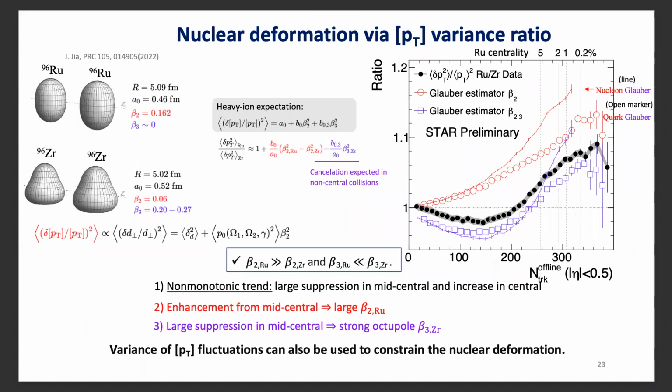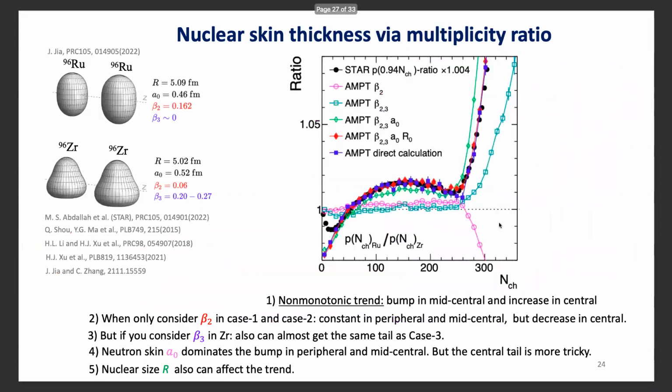So we also calculate the mean pT fluctuation in the isobar ratios. There's a drop, a concave shape here, and this is mostly dominated by the nuclear deformation between ruthenium and zirconium. And there's also an indication of quadrupole deformation and octupole deformation in these two nuclei. And this is the new charged-particle multiplicity distribution, which you have already heard about many times.